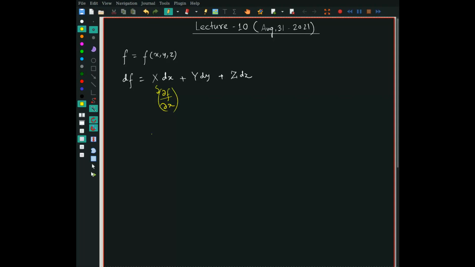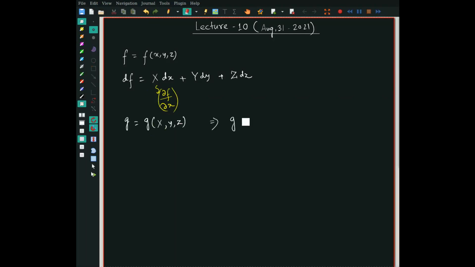And if we wanted to construct a function where we replace small x by capital X, we do this by defining g, where g is given by, so let me write it down. g of x, y, z would be given by f of x, y, z minus X times small x.